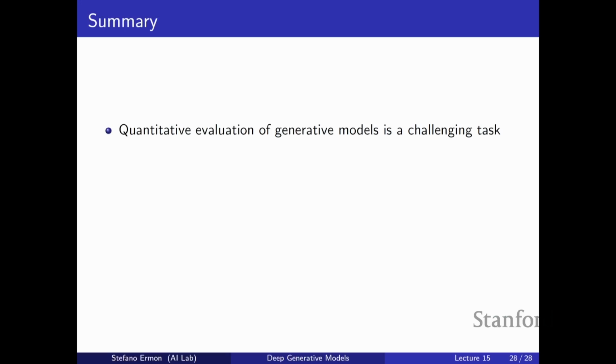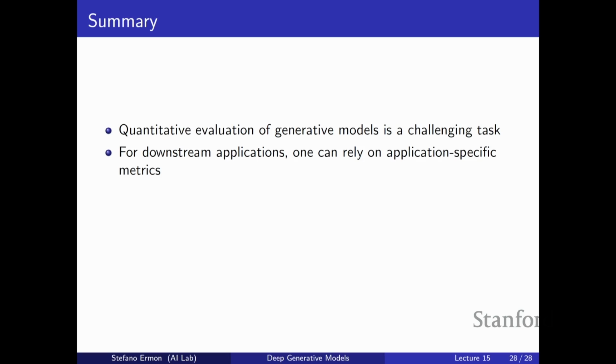Cool. Well, I guess we're out of time, so it's perfect timing. The very high-level takeaway is that how to evaluate generative models is still a pretty open area. There is still a lot that we don't know.